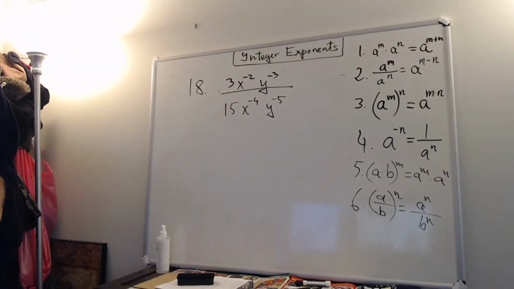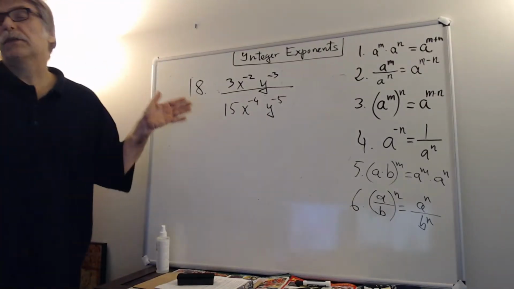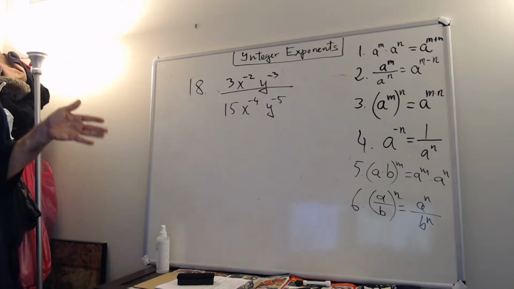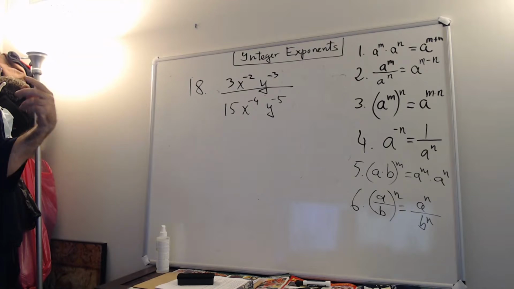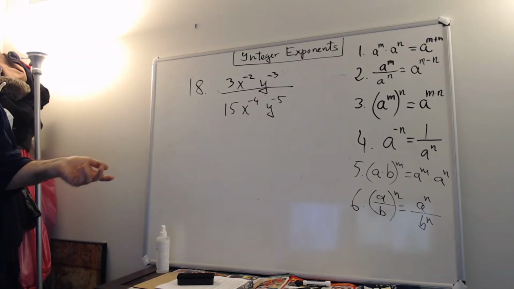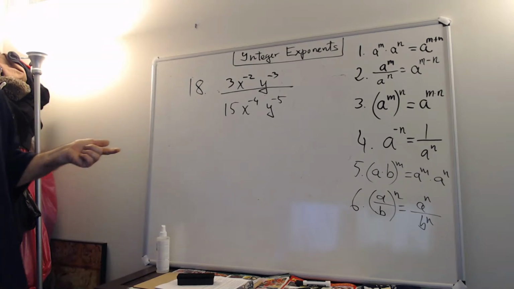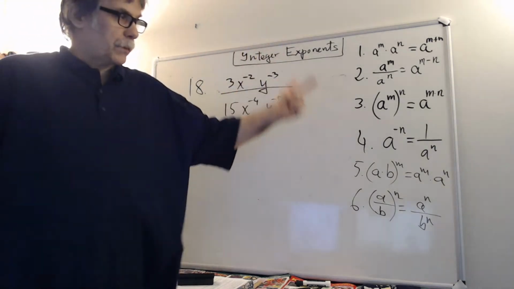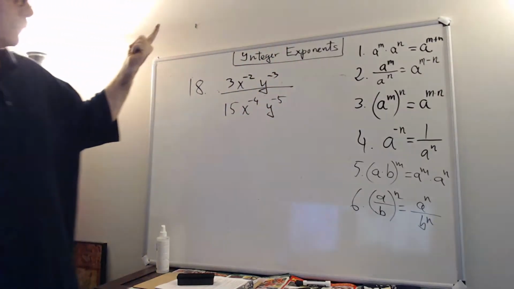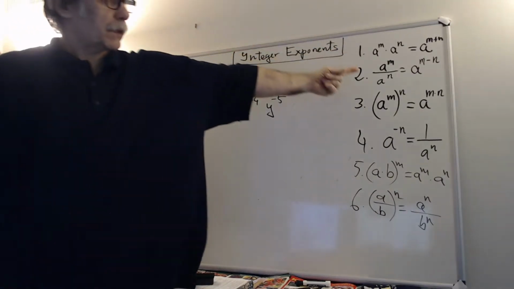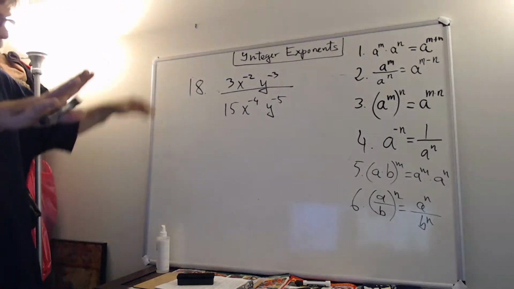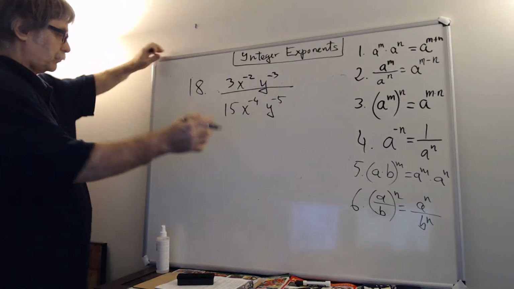Okay? There are two ways to do this. You can start flipping the stuff if you're convinced they're factors, and then reduce, and I'm going to do both ways. Or you can use the properties. Which property? Well, this one here. So let me show you how that works.